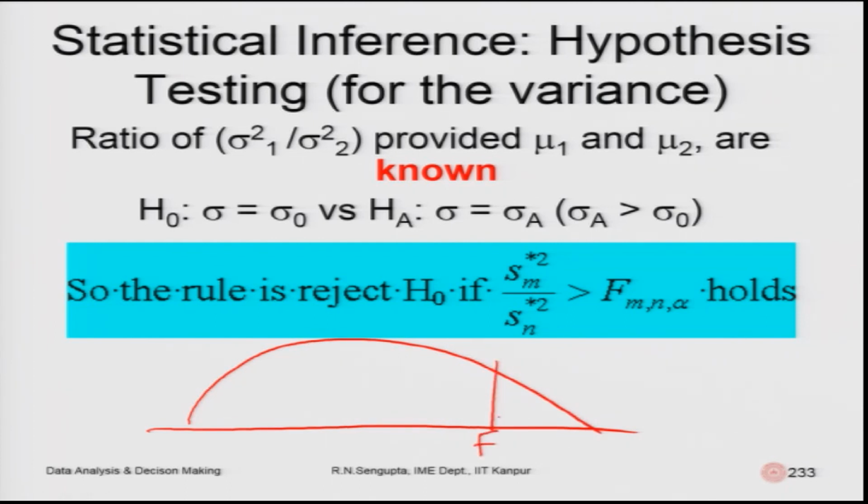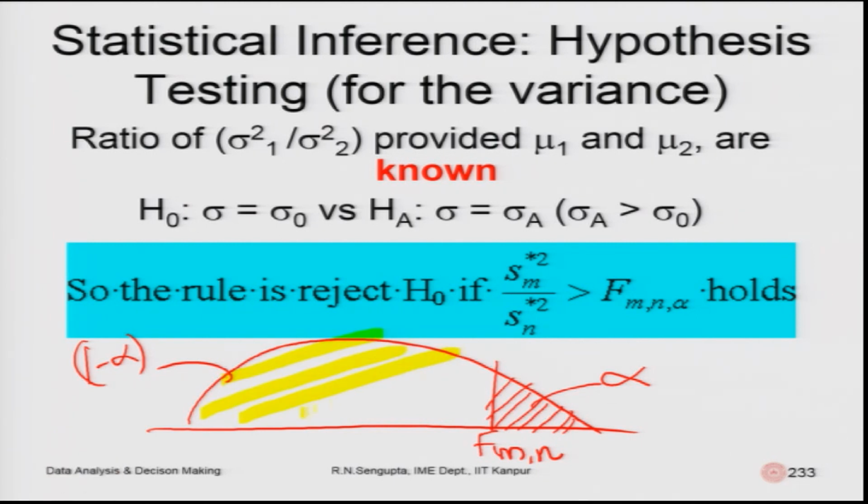So, this would be the F distribution, again with degrees of freedom m comma n. The area onto the right, as I mentioned, is alpha, the area onto the left is 1 minus alpha, and the area covered here is 1 minus alpha. So, this would basically be alpha onto the right. Let us verify.